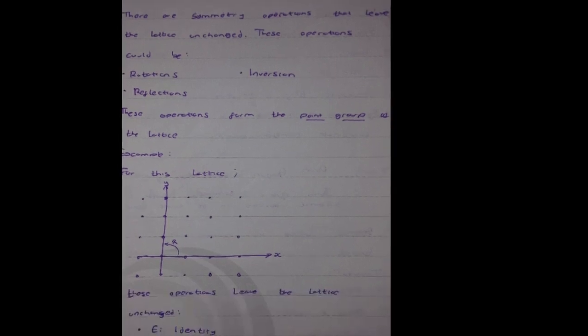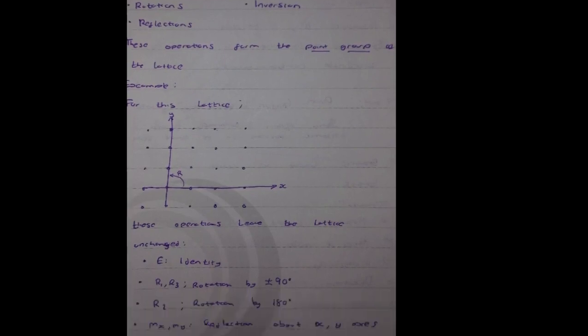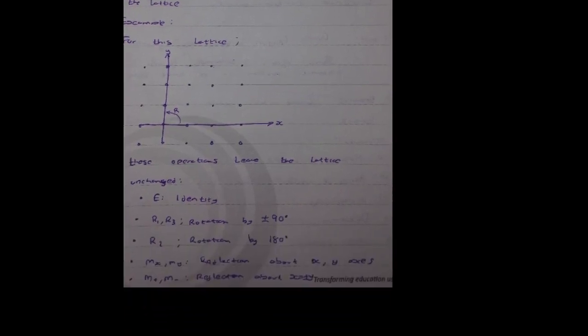Now, in the example that I am giving, you can see a simple lattice, and on this lattice we can perform a few types of operations that leave the original lattice unchanged. The first being the identity operation. The second one will be rotation by plus or minus 90 degrees.